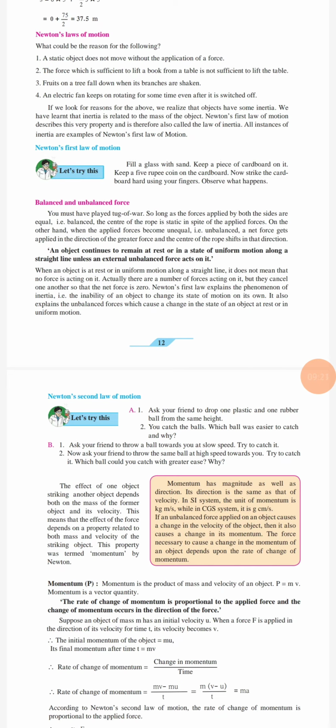Now, balanced force and unbalanced force, Newton's first law. A person sitting, or whatever object you put anywhere, will not move because it is in a balanced state. So the law says an object continues to remain at rest, as in my example of an object put on the table, or in a state of uniform motion.